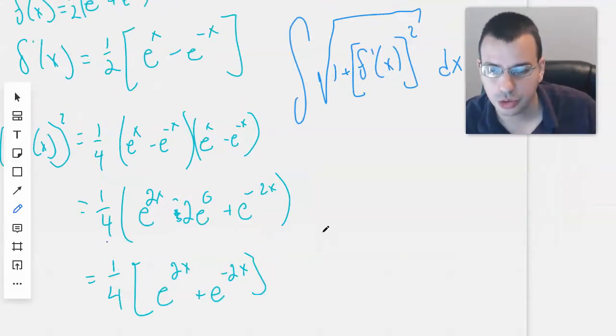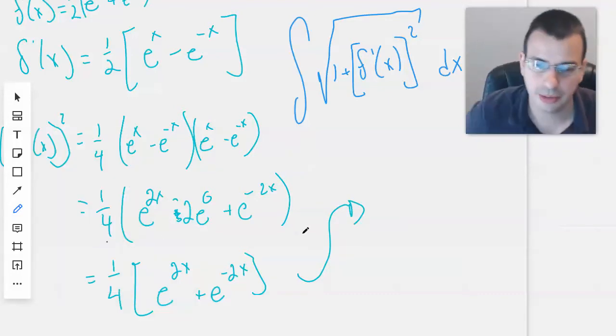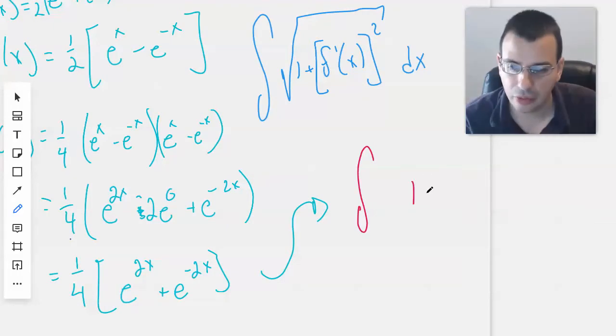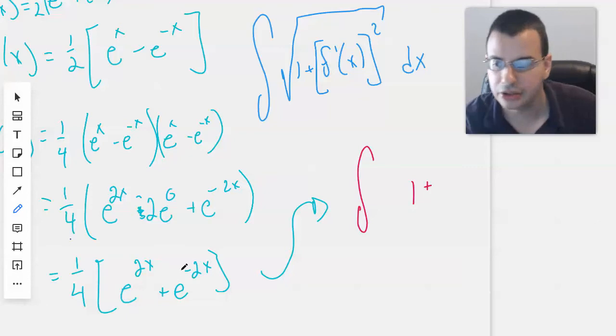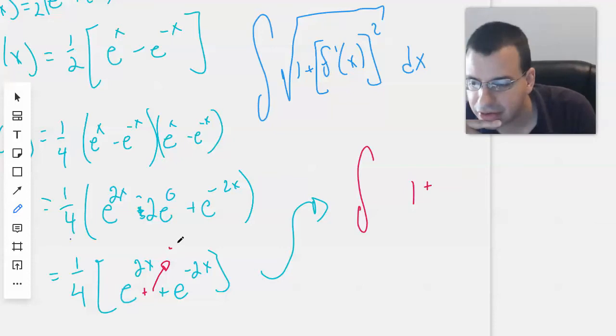And now this is where we're going to plug this into the formula, changing colors to show our train of thought derailing, jumping the tracks. And we have the integral of 1 plus, wait a second. Okay, we also have a negative 2 in here.